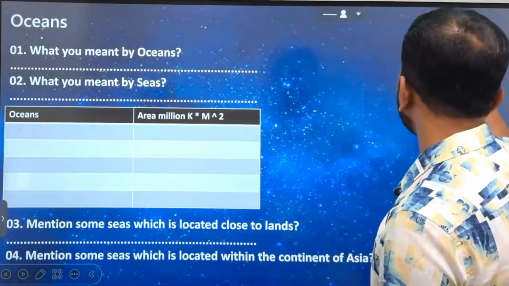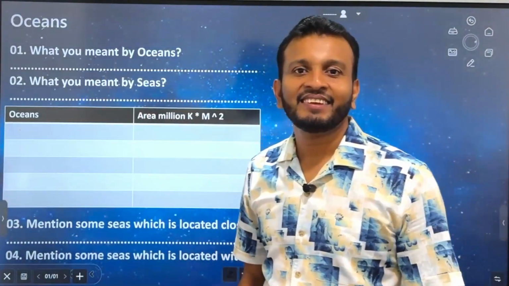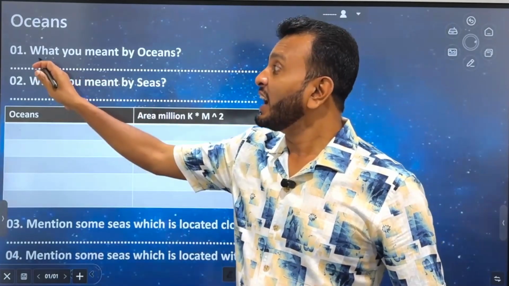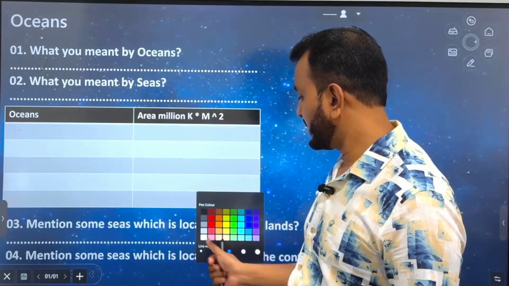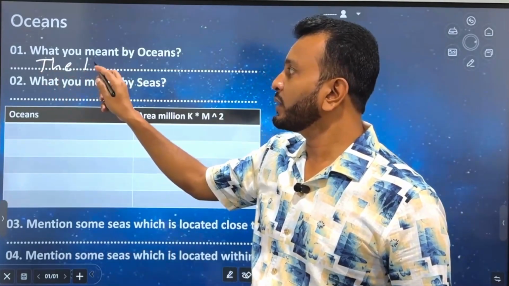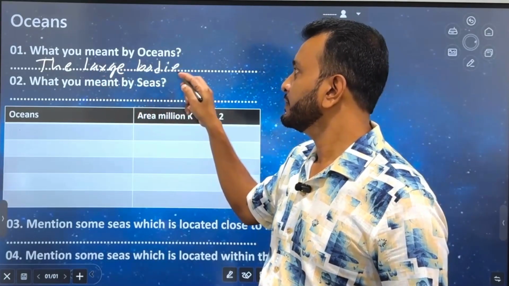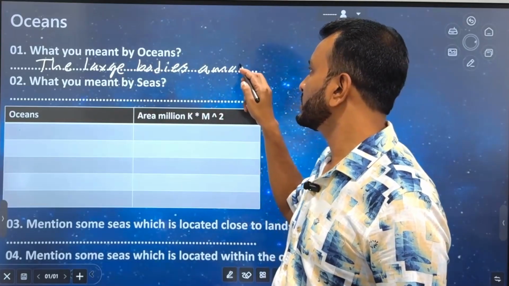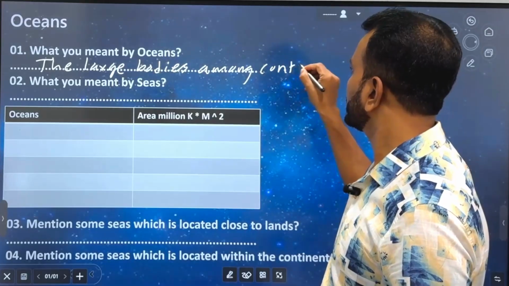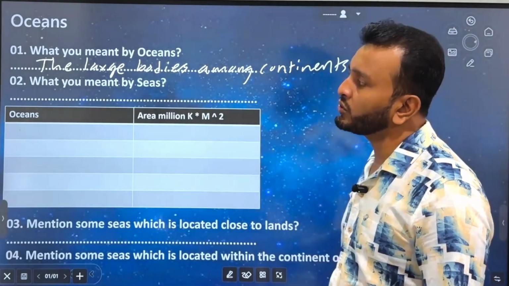Oceans. What do you mean by oceans? The large water bodies among continents are called oceans.